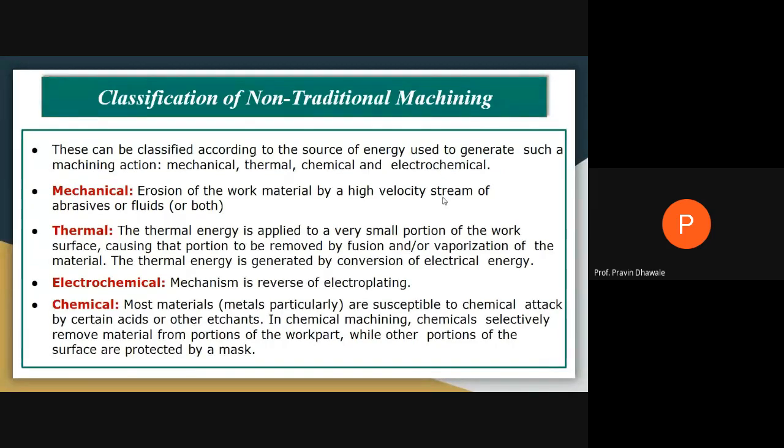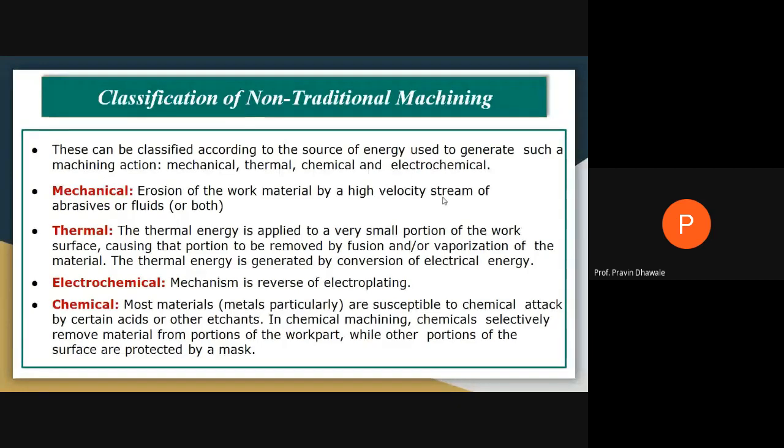Then the next classifying criterion for non-conventional machining processes is chemical energy. Means the material is removed from the workpiece by the chemical reactions of agents or acids you are using.